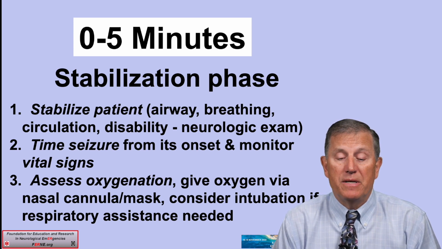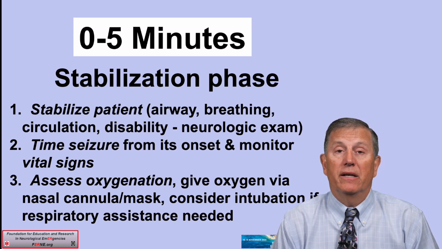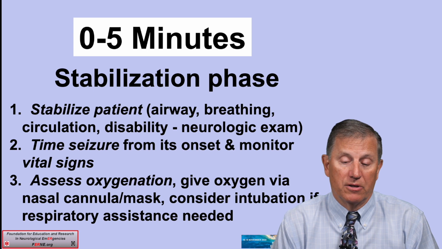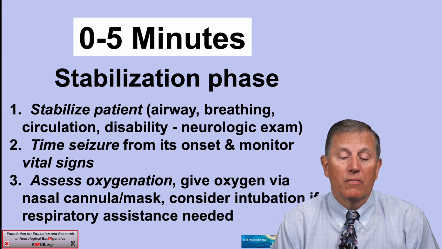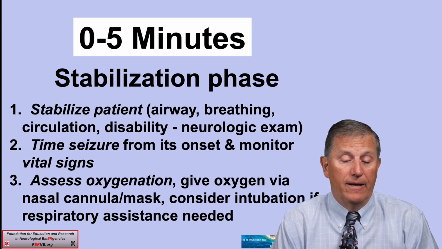First, the patient needs to be stabilized. Airway, breathing, circulation, disability, including a brief neurological exam. Then, it's important that the seizure be timed from its onset during this initial management and monitor the vital signs as the ongoing therapies are provided.